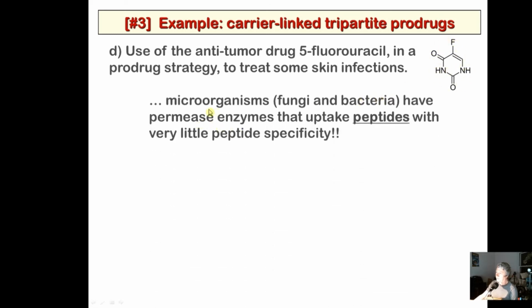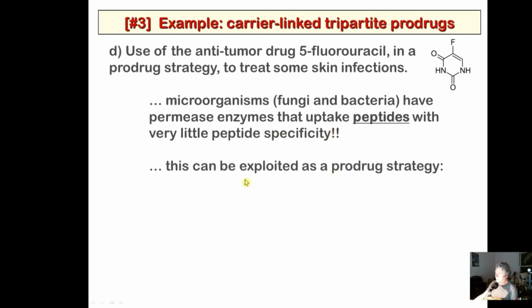And so microorganisms, interestingly, have these enzymes called permeases, which take up peptides pretty non-specifically. So they will sneak right into the fungus or bacteria using permease enzymes, and I think they are specific for L amino acids, like peptides with L amino acids.